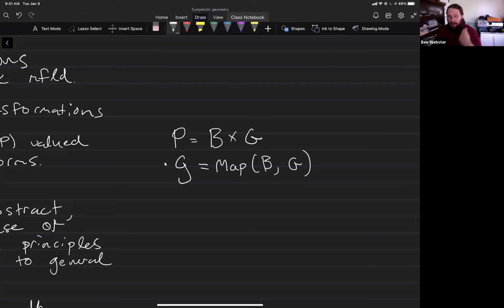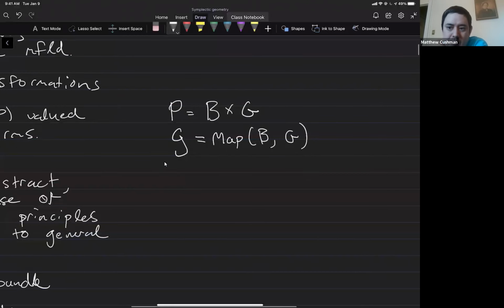So it's just a way of assigning smoothly to every point in the base a point in the group. And I act on the fiber over that point using that element. And in general, it would just be a G equivariant map covering the identity from the bundle to itself. In general, it's just an automorphism of the bundle.